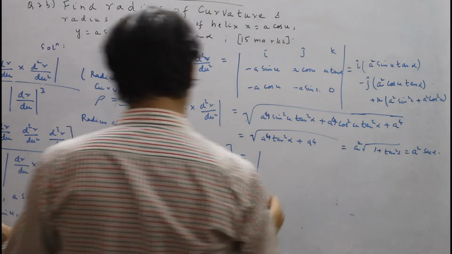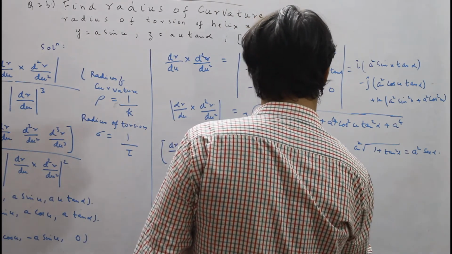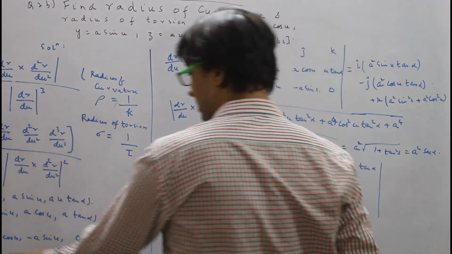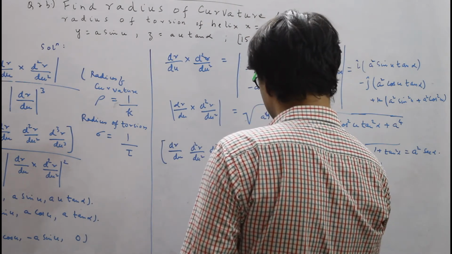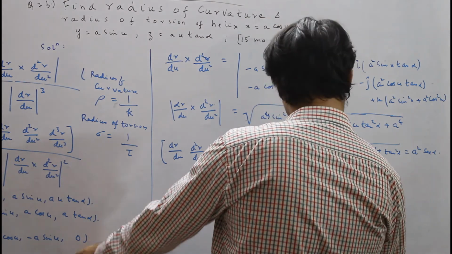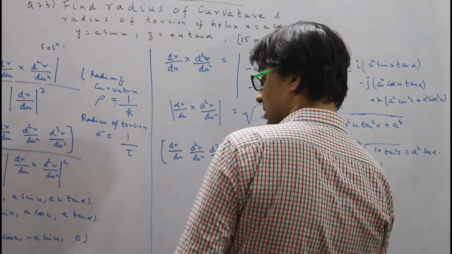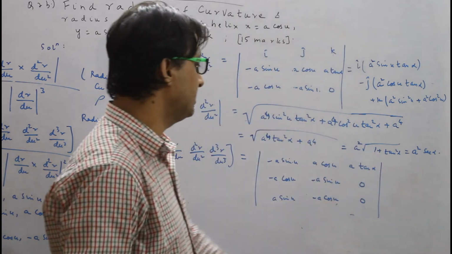This is again minus of a sin u, a cos u, a tan alpha, and here it is minus of a cos u, minus of a sin u and 0. Here it is a sin u, minus of a cos u and this is 0.